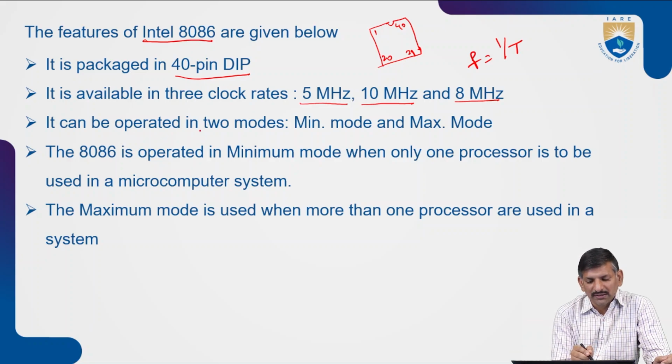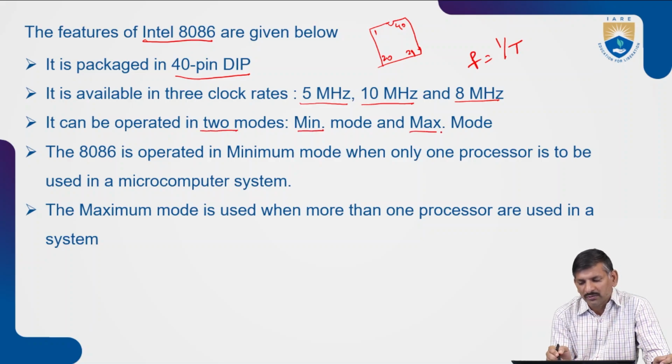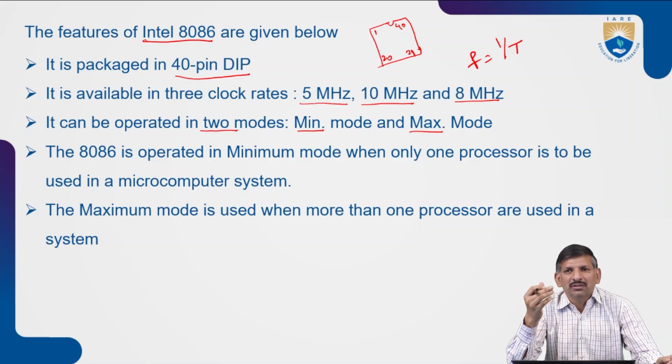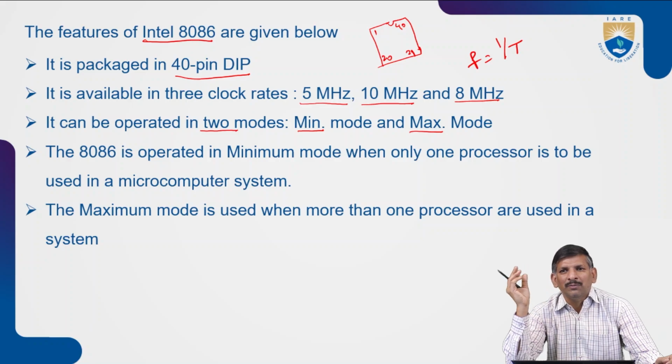Next, the 8086 microprocessor operates in 2 modes, that is minimum mode and maximum mode. Whenever the microprocessor does the operations by the 8086 itself, at that time it doesn't require interfacing with an external processor.